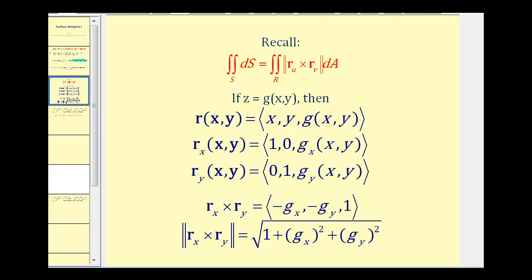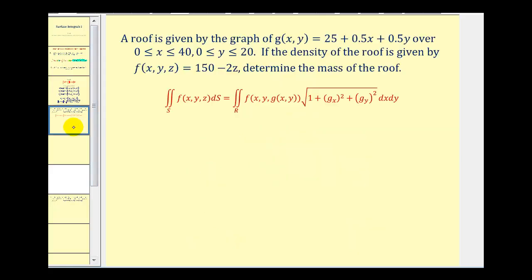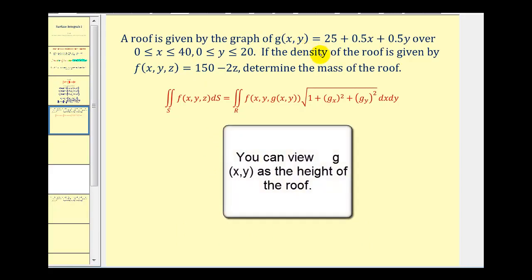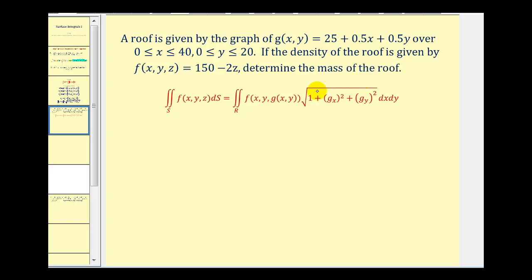Let's go and take a look at our first example by looking at an application. Here we have a roof given by the graph of g of x, y over the following region. If the density of the roof is given by f of x, y, z, determine the mass of the roof. So if we integrate the density function over the surface g of x, y, this will give us the mass.